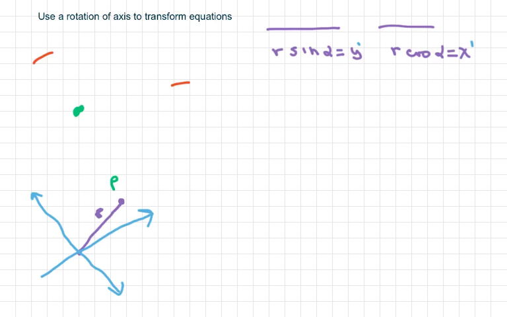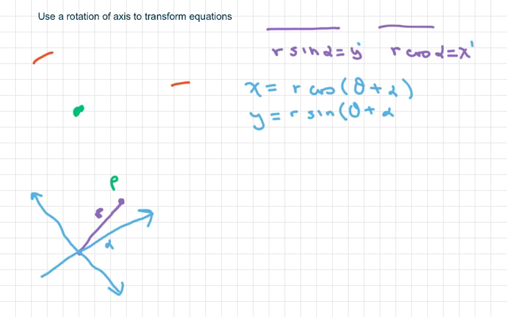So therefore, x is going to equal R cosine of theta plus alpha, because you're adding the alpha, and y is R sine of theta plus alpha.